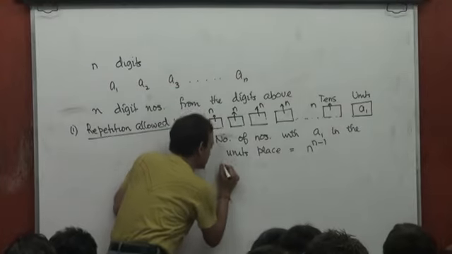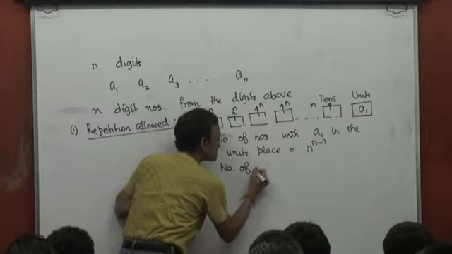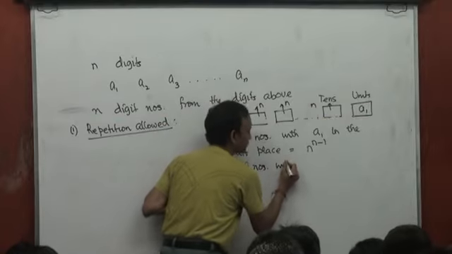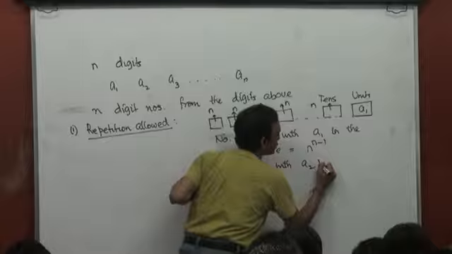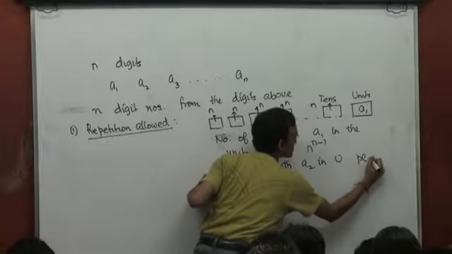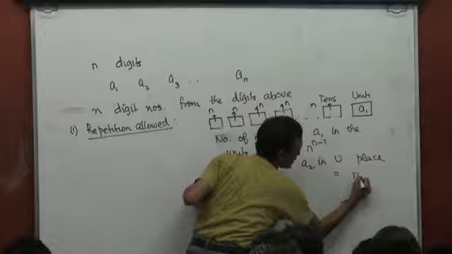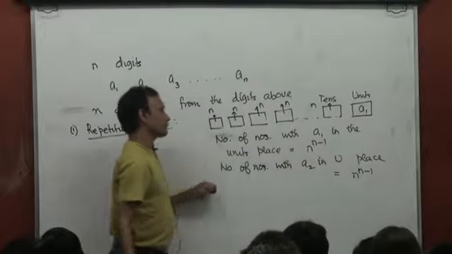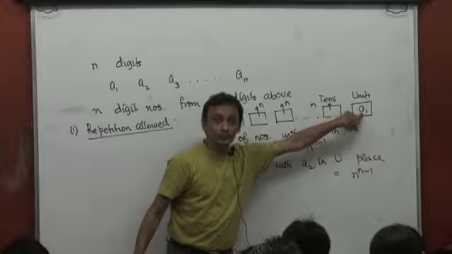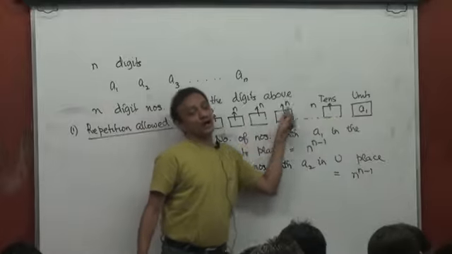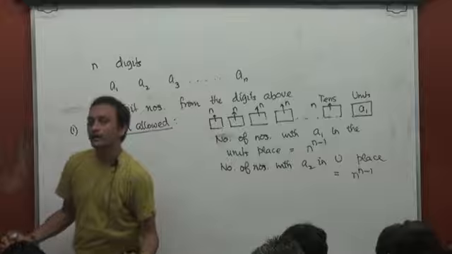Similarly, the number of numbers with A2 in the units place is also n to the power n minus 1. You fix A2 here, and then the number of ways in which you can fill out the remaining spots is n to the power n minus 1.